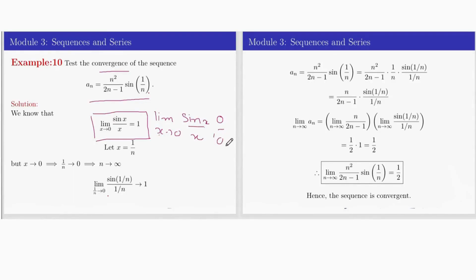This is an indeterminate form, so to solve this limit, we use L'Hopital rule. What is the L'Hopital rule? If we get either 0 upon 0 form or infinity upon infinity form, then what to do? Differentiate numerator and denominator separately.